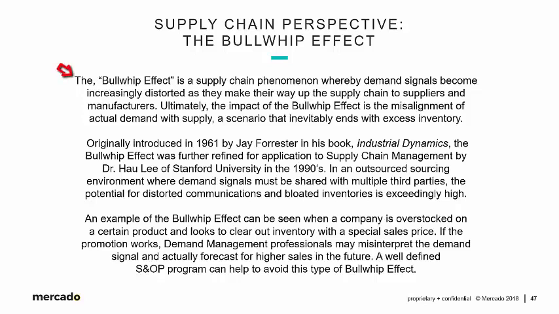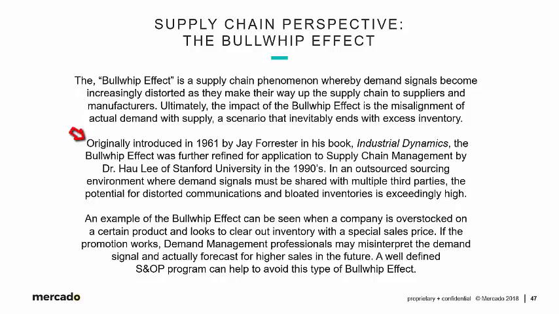The bullwhip effect is a supply chain phenomenon whereby demand signals become increasingly distorted as they make their way up the supply chain to suppliers and manufacturers. Ultimately, the impact of the bullwhip effect is the misalignment of actual demand with supply, a scenario that inevitably ends with excess inventory. It's an exaggeration of demand as information passes from hand to hand, from company to company.